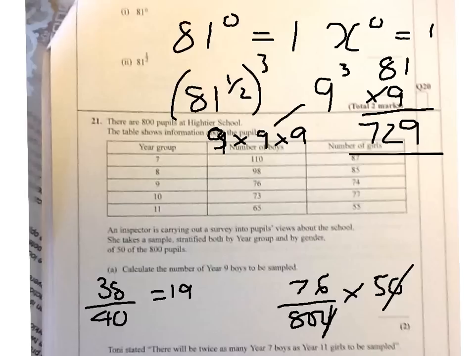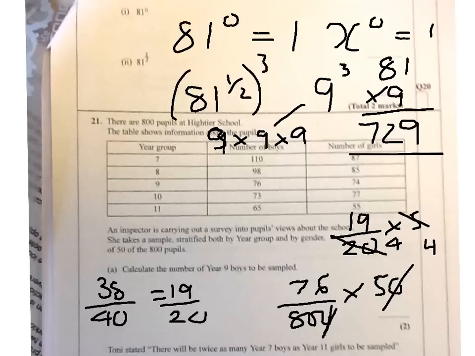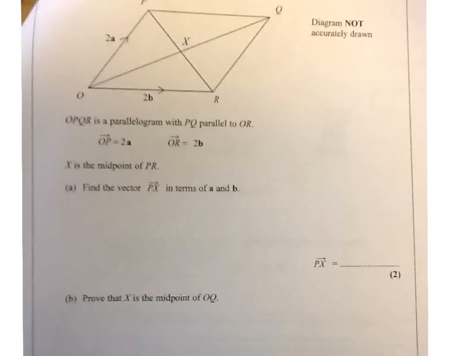It's going to be 19 over 20. So we've got 19 over 20 times 5. 5 goes into 20 4 times. You've got 19 over 4. 4 goes into 19 4.75 times, 4 3/4. You have to round it up, so the answer you're looking for is 5 boys.